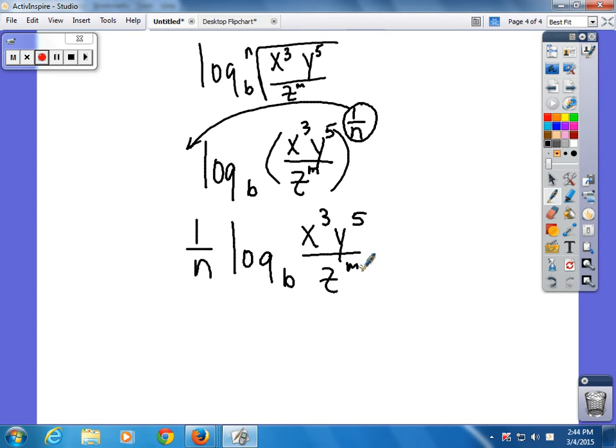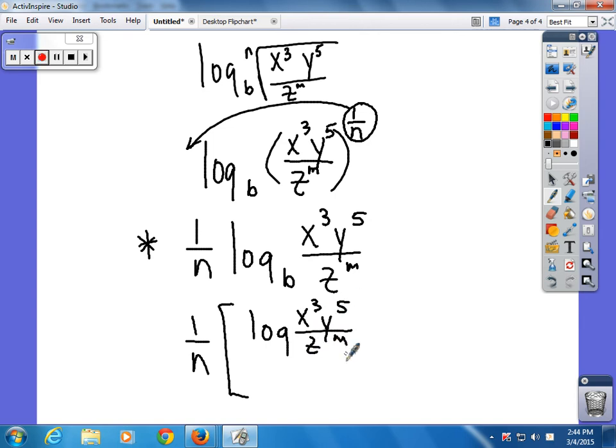Now, of course, if you wanted to rewrite that with the change base formula, that's the answer. You would say 1 over n brackets log base 10 of x cubed y to the 5th over z to the m over log base 10 of b. Of course, you would have to know what all those variables are in order to do it.